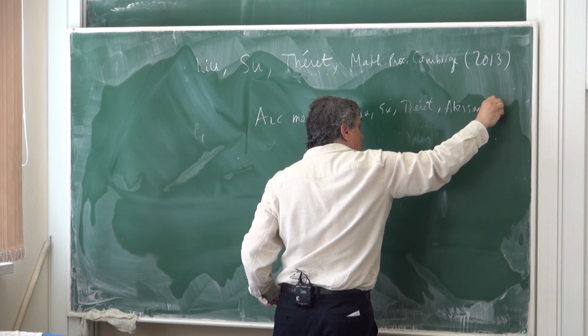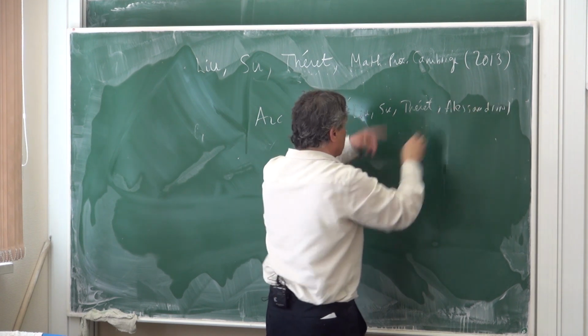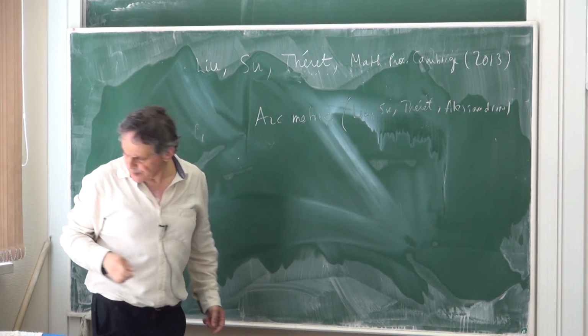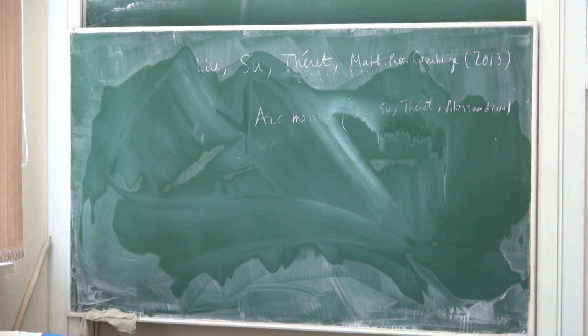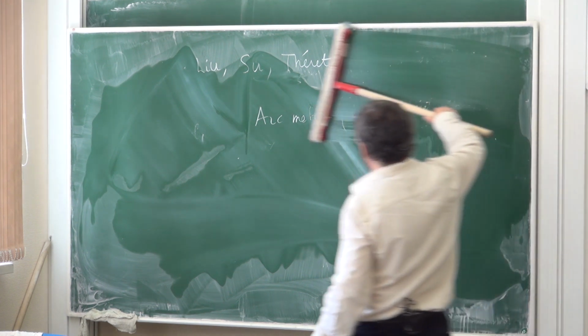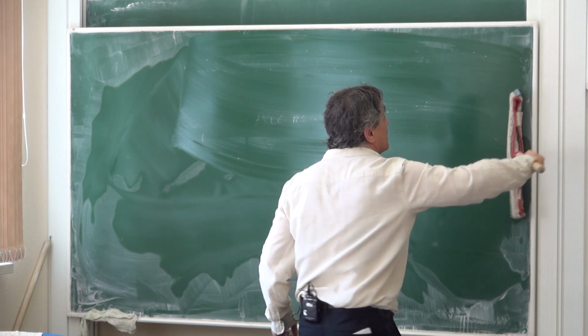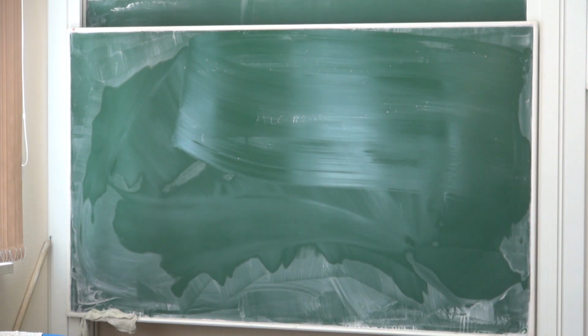So not all of them in the same paper, but a mixture of these people. Okay, so now that I have mentioned the people I have to mention, let us do the mathematics.